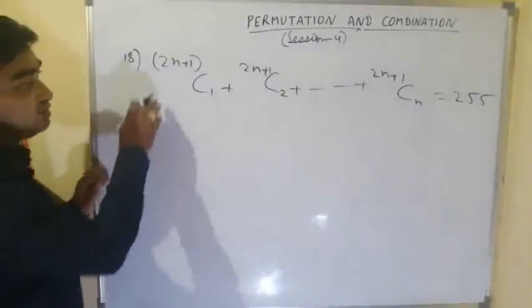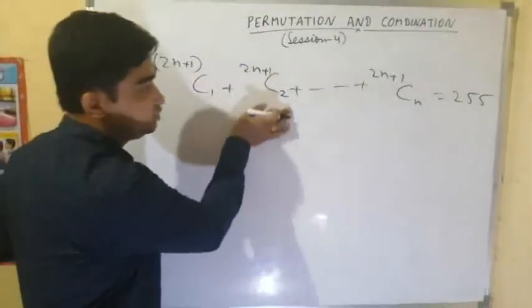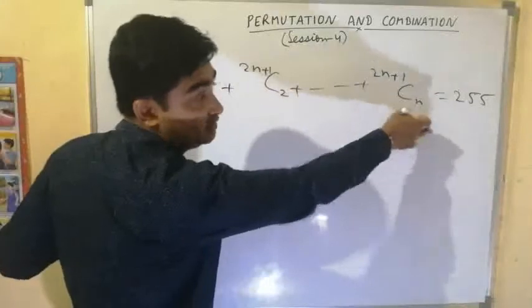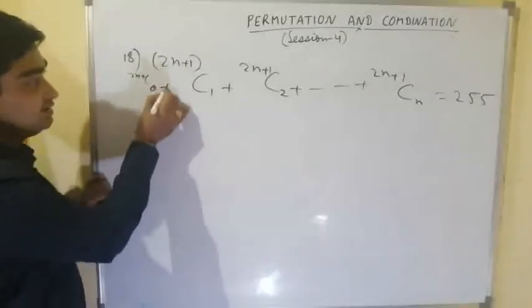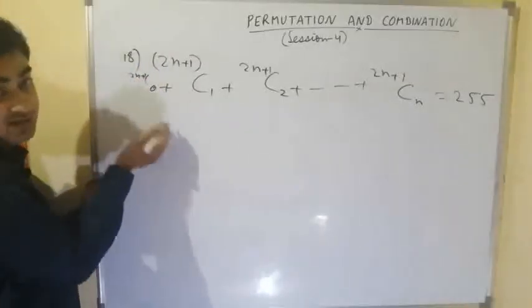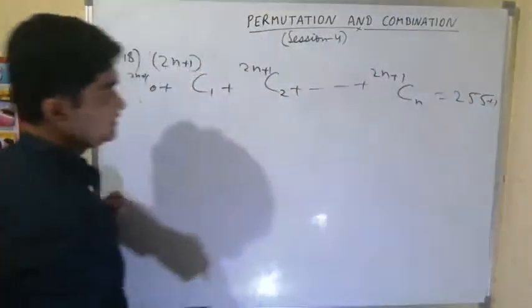So the number of ways in which you can select 1 is 2n plus 1 c1, or he can select 2, or maximum n. This total is 255. So we'll add 2n plus 1 c0 on the left hand side, which is 1. Here also we'll add 1, it will become 256.